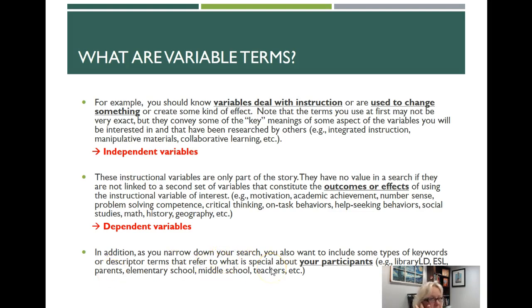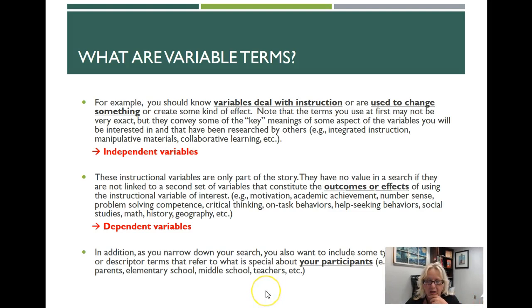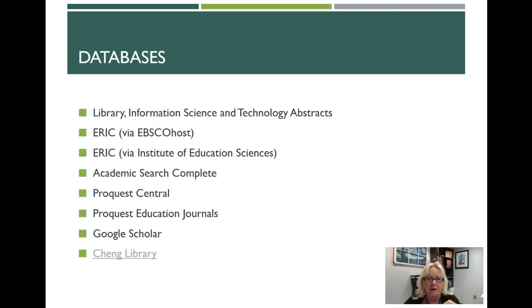Could be teachers. If you're looking at attitude towards makerspaces, maybe you're going to survey teachers and see if you can change their attitude towards makerspaces, and they would be your participants rather than the students. You might be using an exercise with the students, but your participants in your data collection might be your teachers.